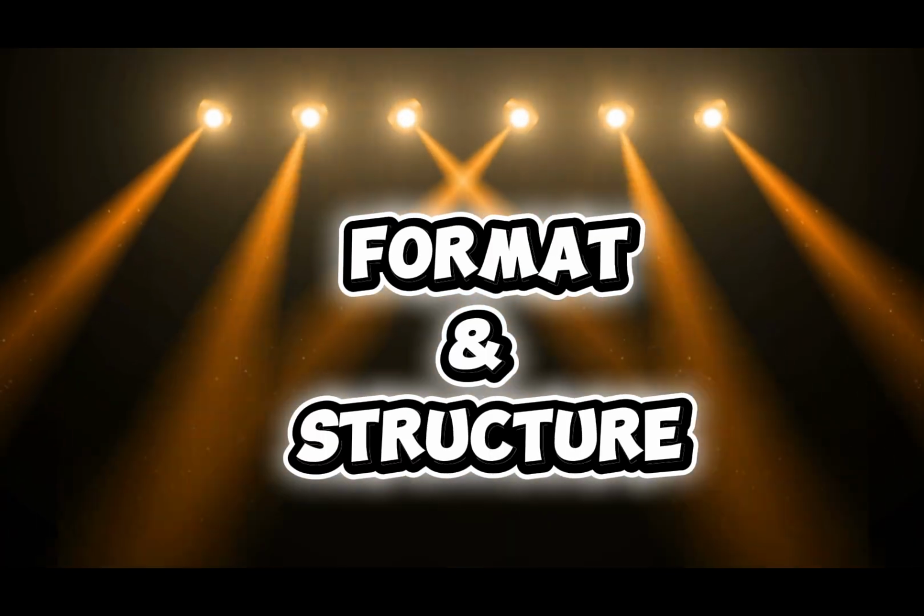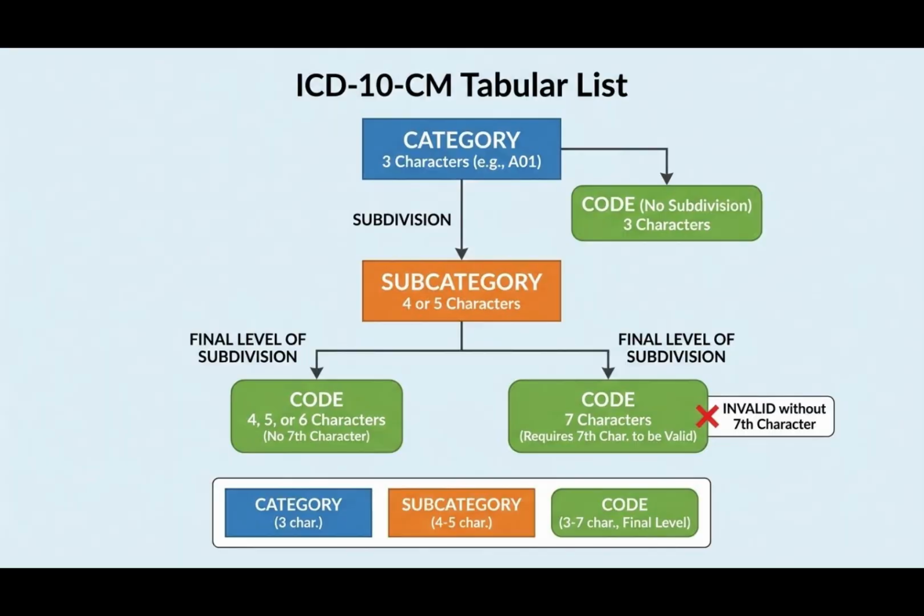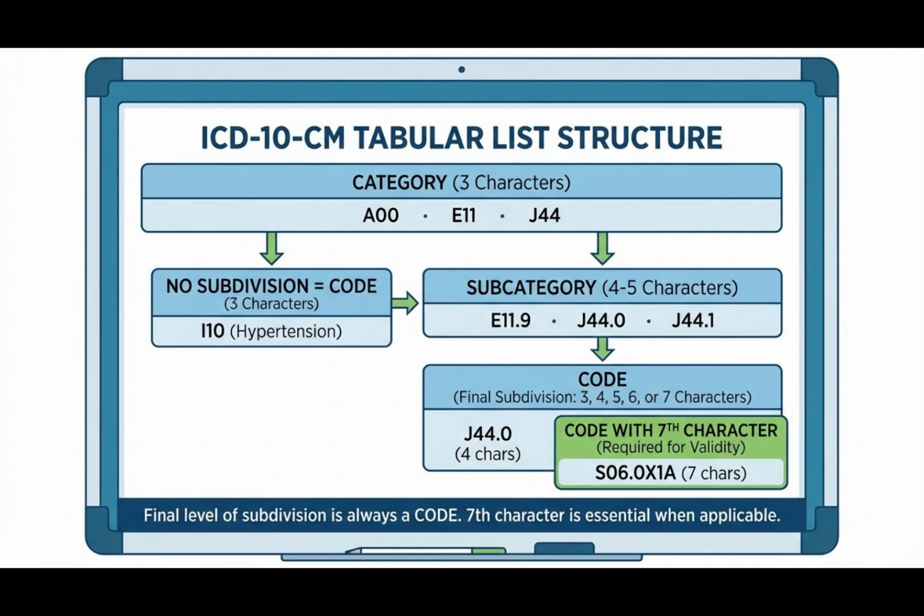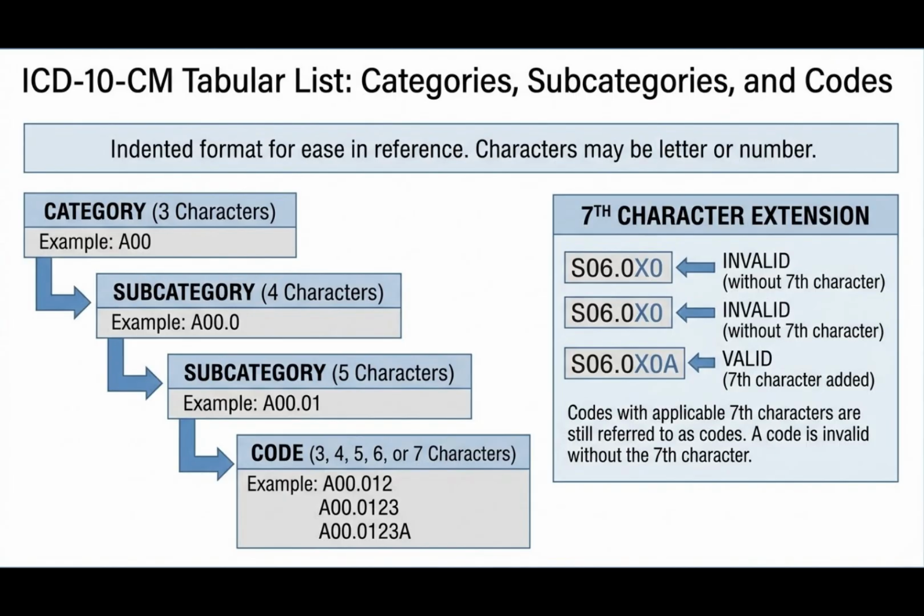Format and structure. The ICD-10-CM tabular list contains categories, subcategories, and codes. Characters for categories, subcategories, and codes may be either a letter or a number. All categories are 3 characters. A 3-character category that has no further subdivision is equivalent to a code. Subcategories are either 4 or 5 characters.